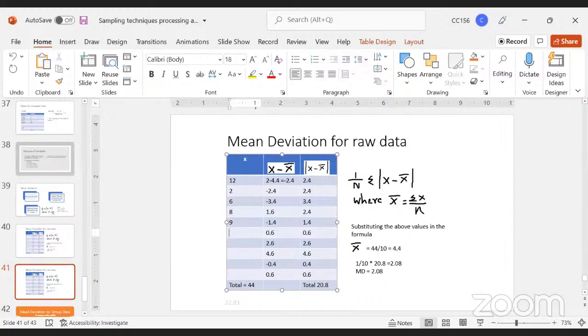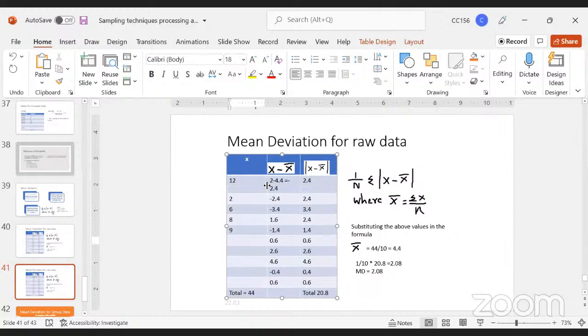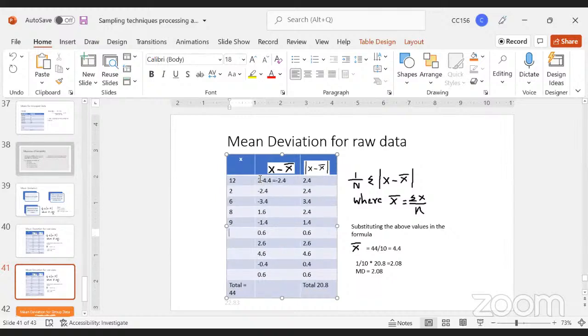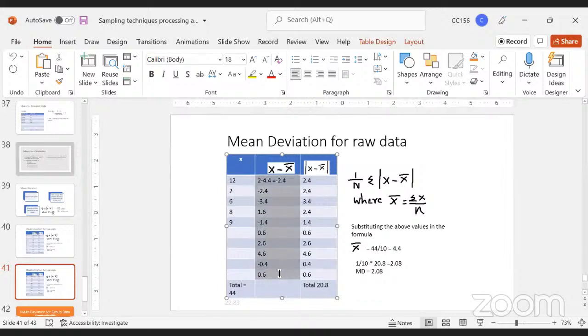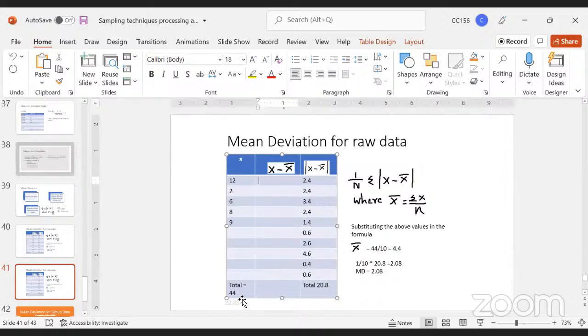We'll do only 5 scores to understand the calculation part of it. Now find the sum of this: 12 plus 2 plus 6 plus 8 plus 9 is 37. Now x minus x bar: 12 minus 37.